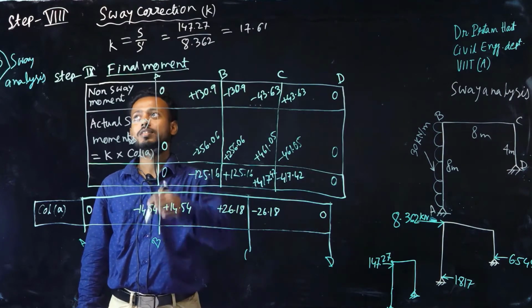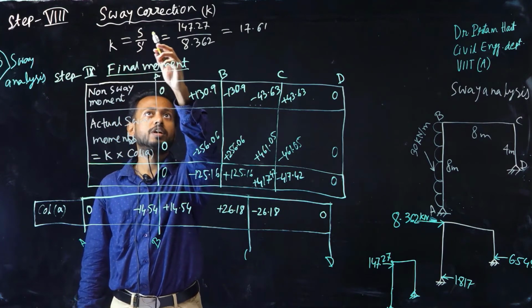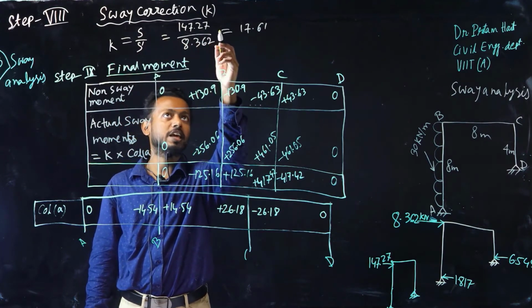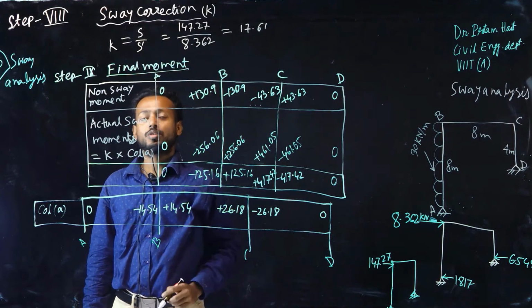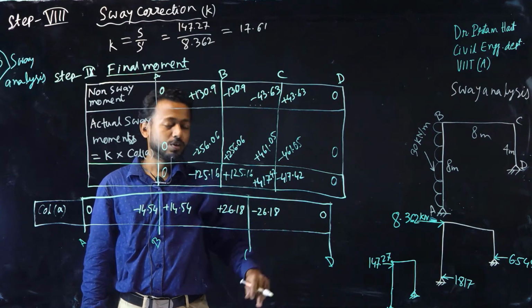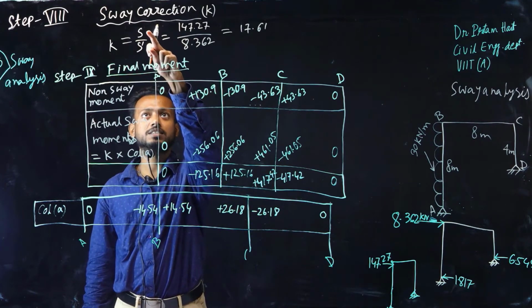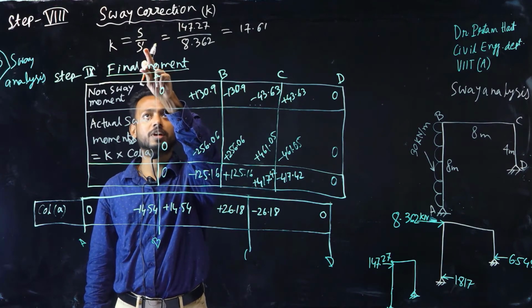So we are at step 8, where we calculate the sway correction K. It is required to correct the sway force. The sway force you obtained in non-sway analysis is S, and the sway force you obtained in sway analysis is S dash.